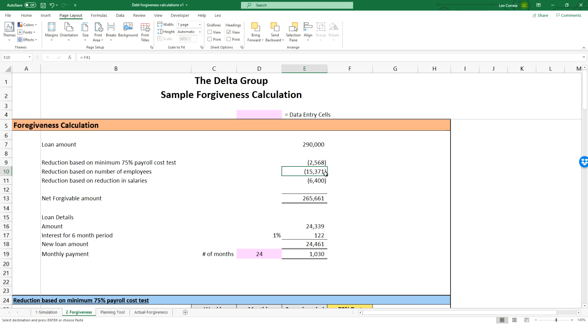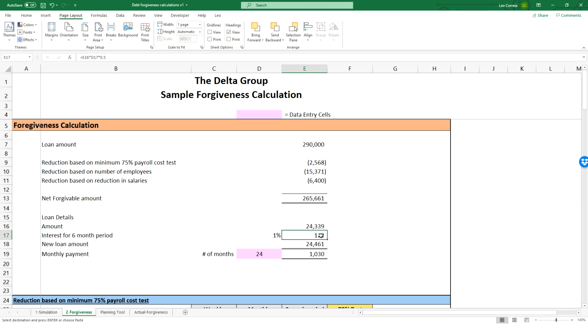The number of employees test has reduced it by $15,000, and the reduction in salaries has reduced it by $6,400. So given all these situations, we now have a net forgivable amount of $265,000.